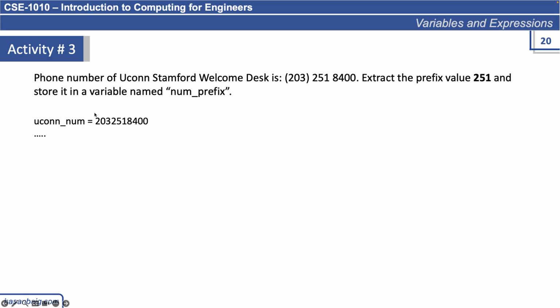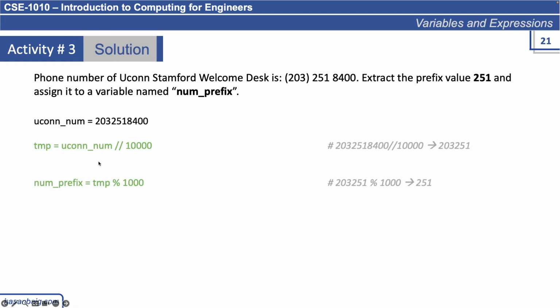And in order to extract the last three digits from these upper six digits, we can simply take a modulo by 1000. So dividing by 10,000 will give us 203,251, and here 203,251 is then further processed with a modulo. We took a modulo by 1000, which returns us 251.